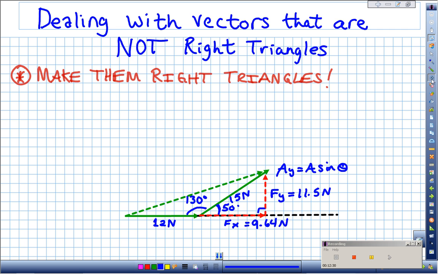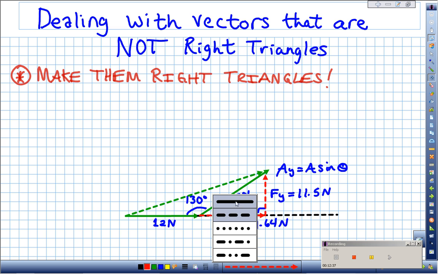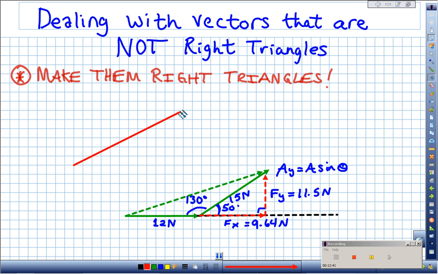Now, what I want you to see is you have a triangle that is now a right triangle, and it has dimensions that are the same as the one drawn below, except I'm just going to draw in the completed right triangle, where you're looking for this resultant.